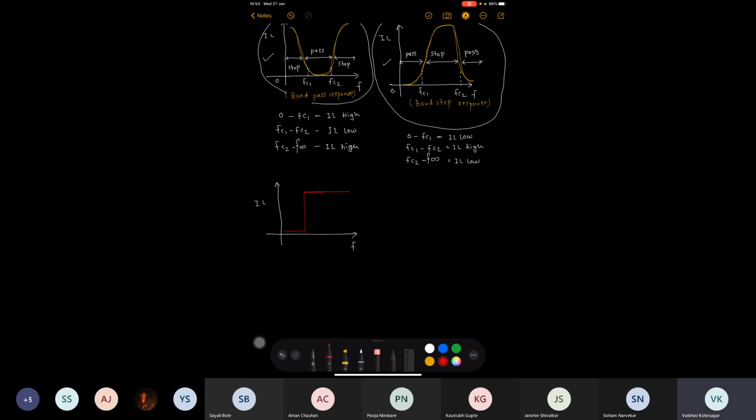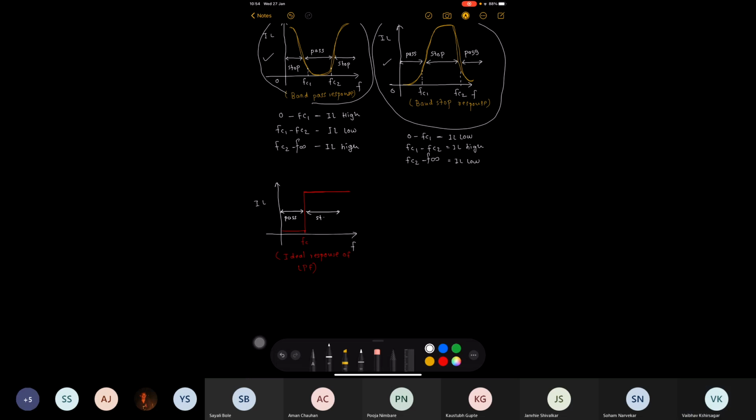So this is the ideal response of a low pass filter. Here we get an exactly defined cutoff frequency. So this is the pass band, and this is the stop band.